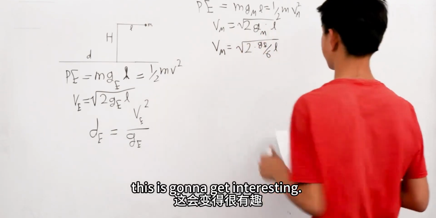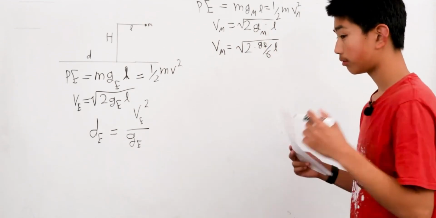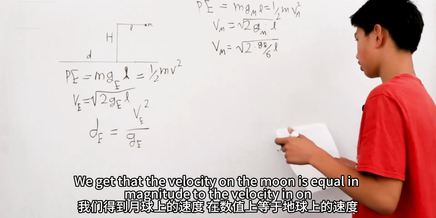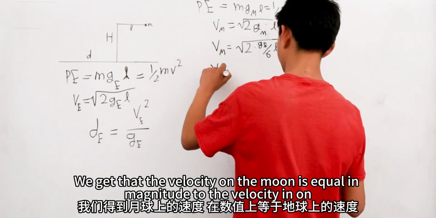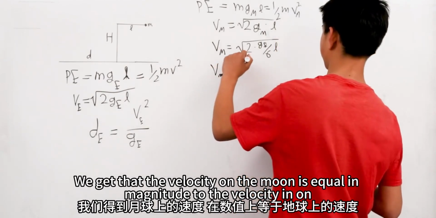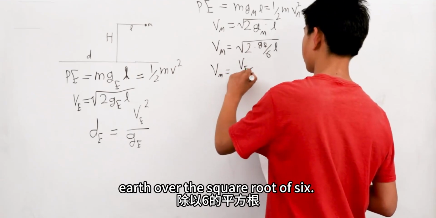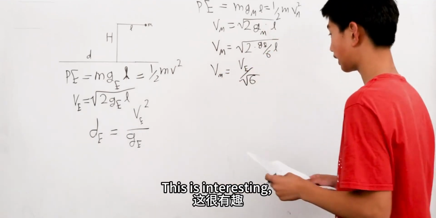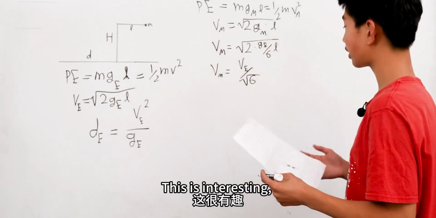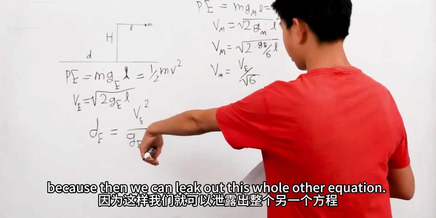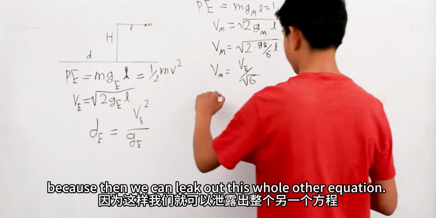Now, this is going to get interesting, because we get that the velocity on the moon is equal in magnitude to the velocity on Earth over the square root of 6. This is interesting because then we can plug into the other equation.